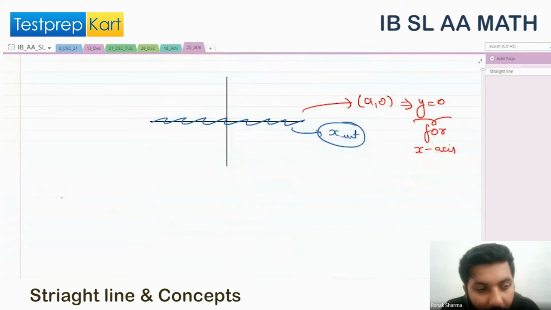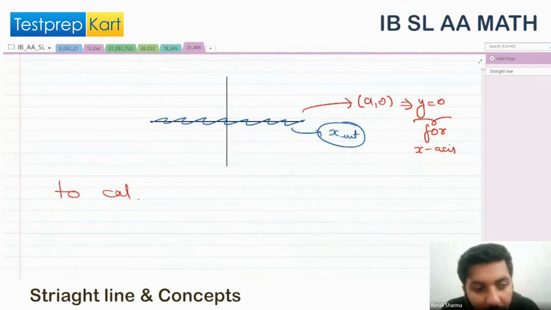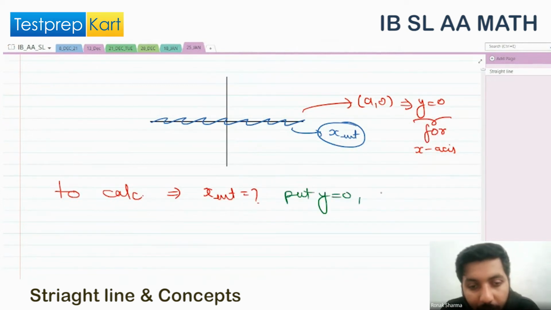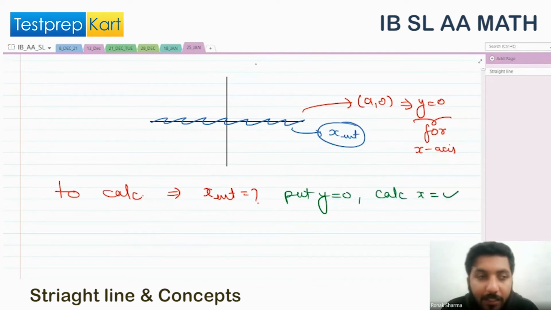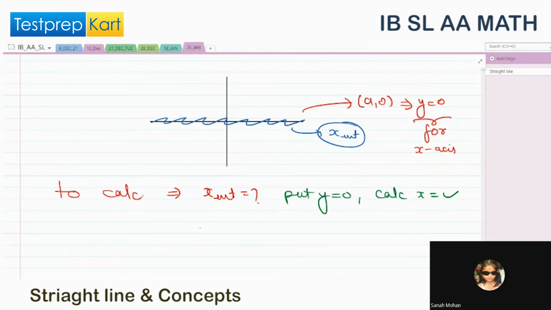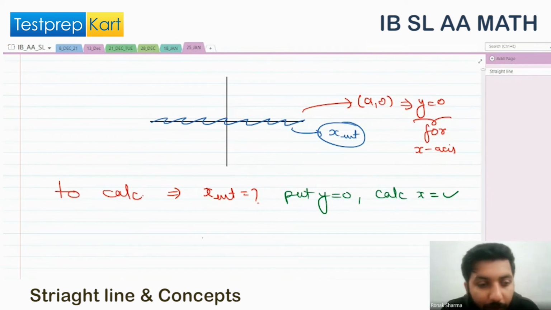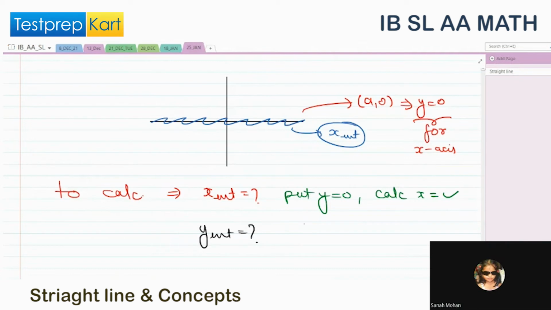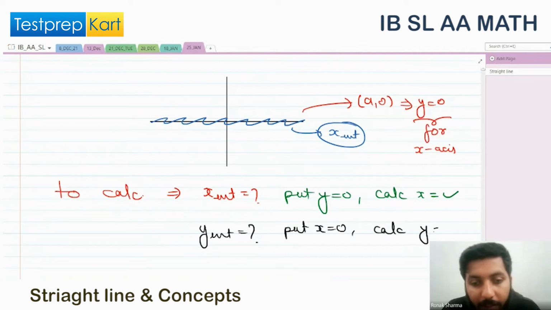So basically to calculate x-intercept, you put y equal to 0 in the equation and calculate x. Whatever value of x you are getting, that will be your x-intercept. Got it? Similarly, if you want to calculate y-intercept, then what you're going to do? Put x equal to 0 and calculate y.